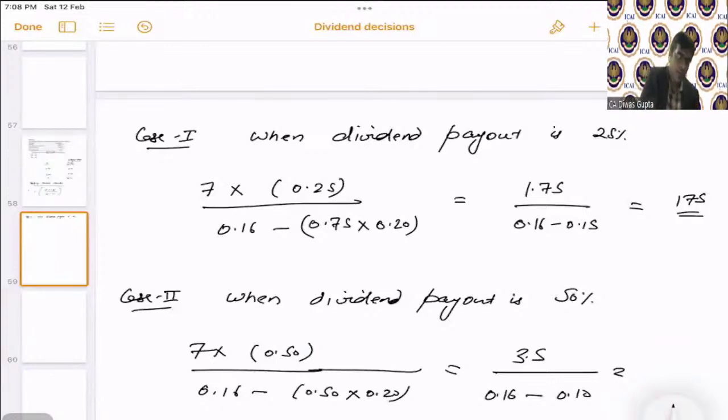So 3.5 divided by 6%, it is 58.33 rupees. Thanks, Mancha.